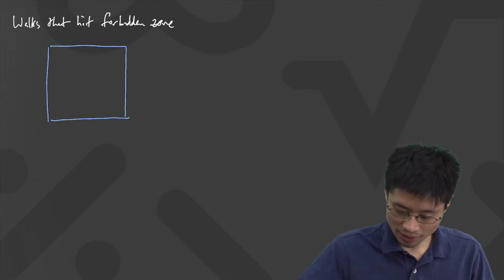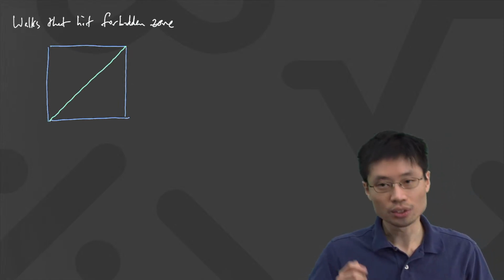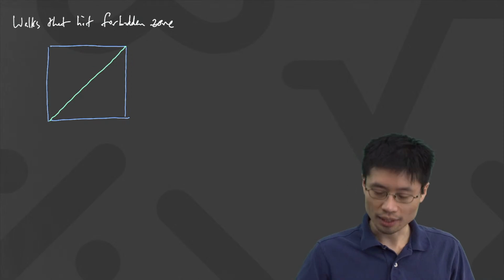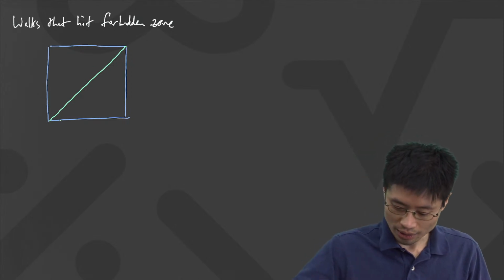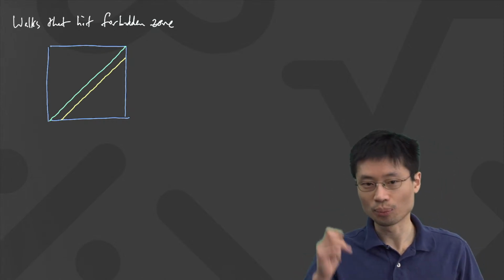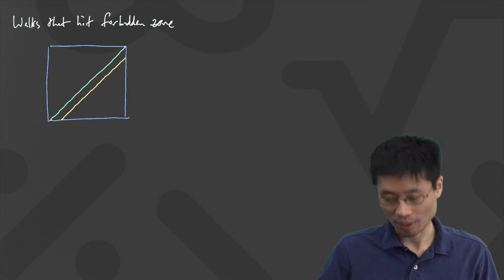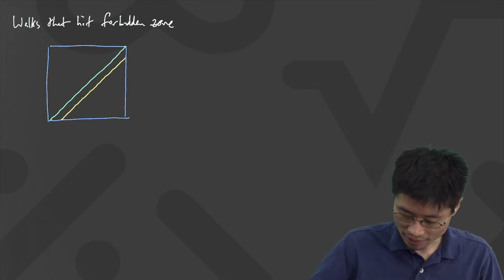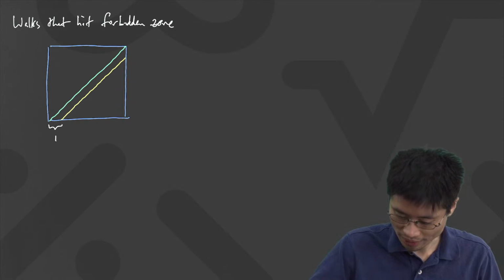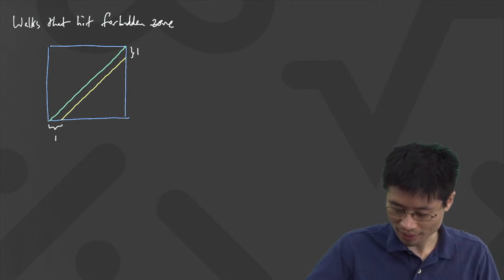There's this diagonal that goes across, and it's going to hit the forbidden zone. That actually means that if I drew the diagonal that's one underneath it, this thing here is exactly one underneath it, where my scale is that this gap is 1, and this gap is 1.